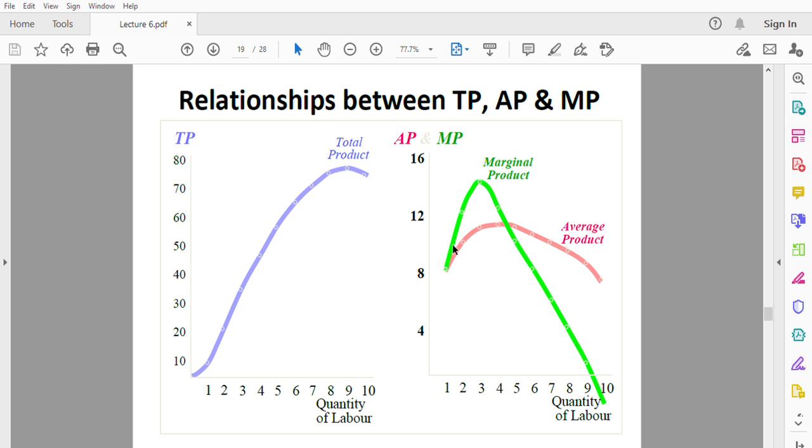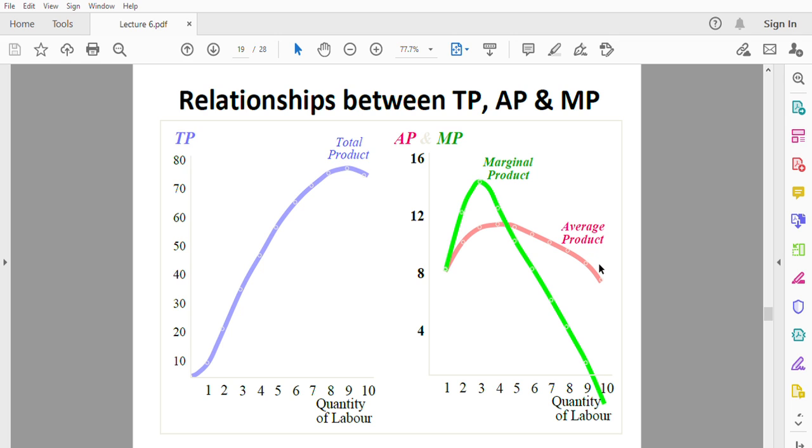Let's look at the marginal product. The marginal product curve increases, attains a maximum or becomes constant, attains a maximum, falls, gets to zero because we have the origin here, and then starts attaining negative values. And the average product also starts increasing, attains a maximum, and starts falling.